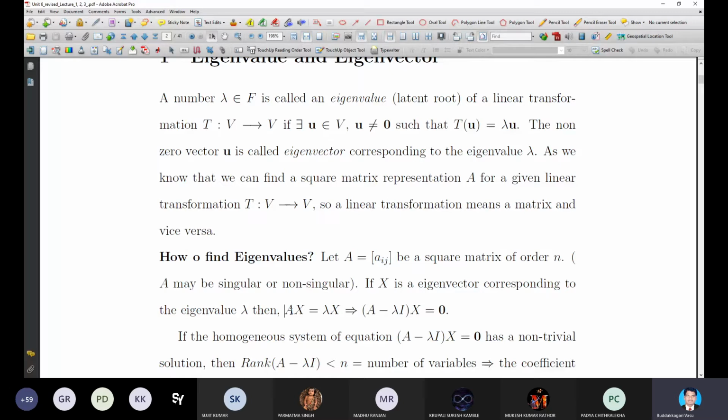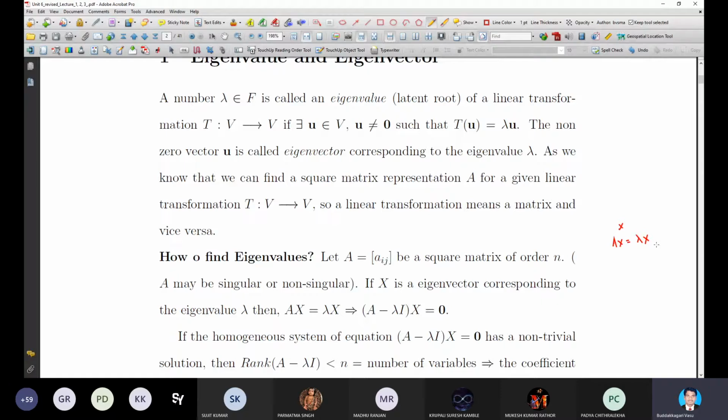Please understand clearly that any scalar lambda is said to be an eigenvalue if there exists a non-zero solution x that satisfies Ax is equal to lambda x.